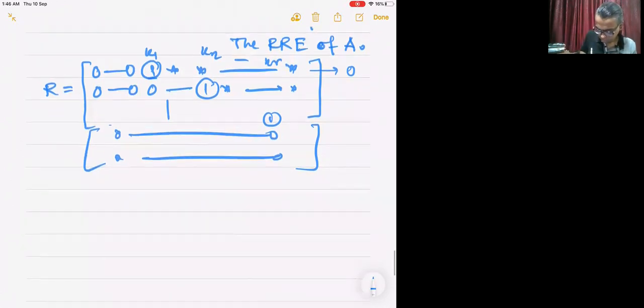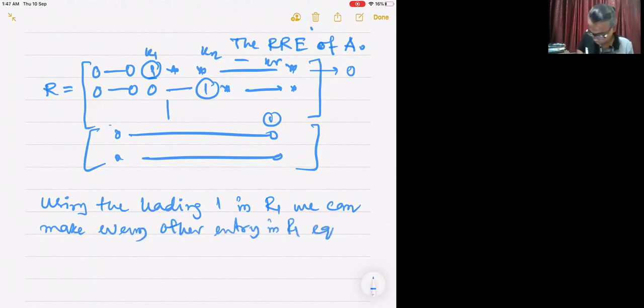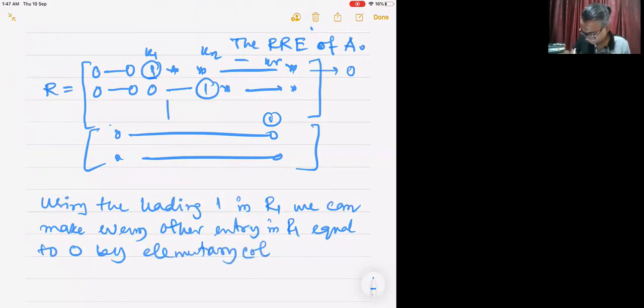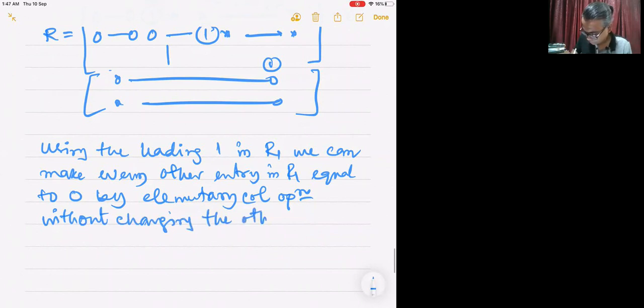So using the leading one in row one, we can make every other entry in R1 equal to zero by elementary column operations without changing the other rows.